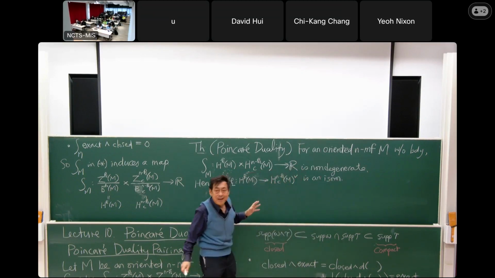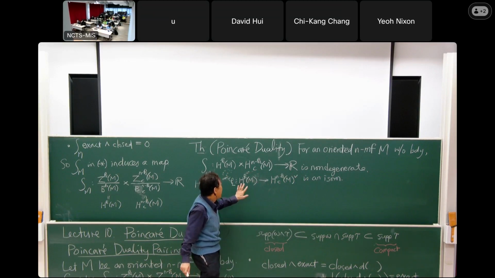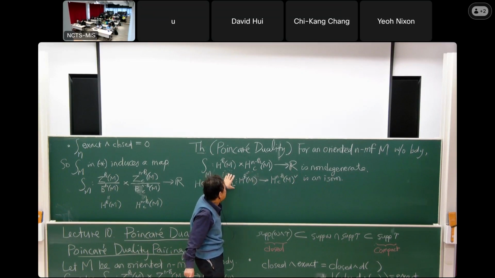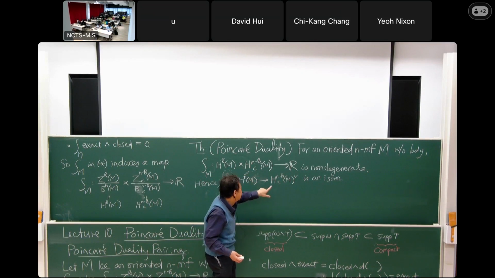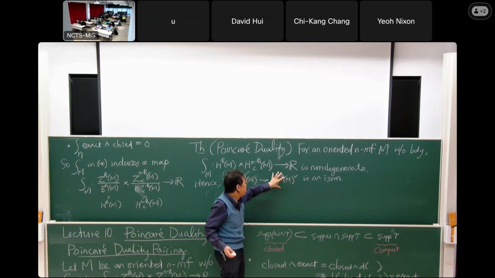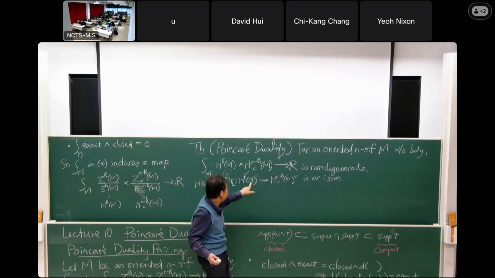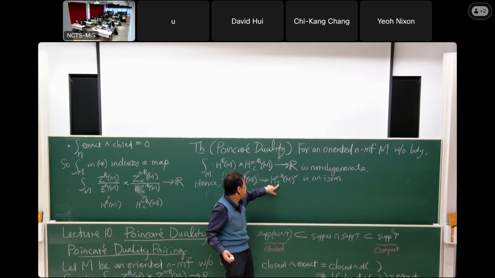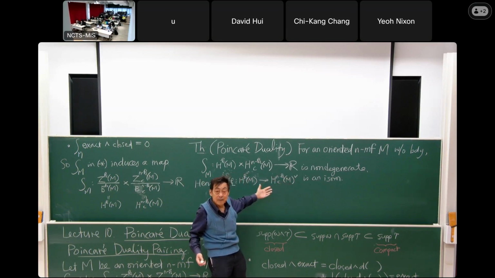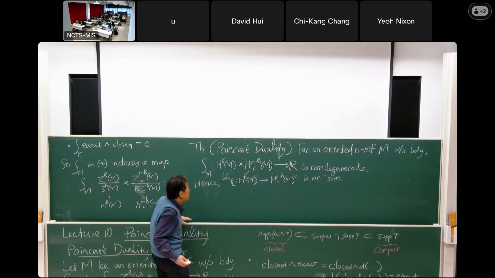And so is the right map. Okay? But just knowing that the left map is an isomorphism gives you this upside down symmetry, right? Because the dual of a vector space has the same dimension as the vector space. And so that says the dimension in degree k of M is the same as the dimension in degree n minus k with compact support of M. Okay?